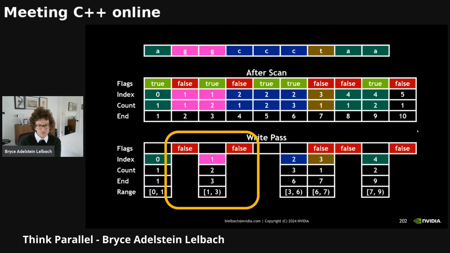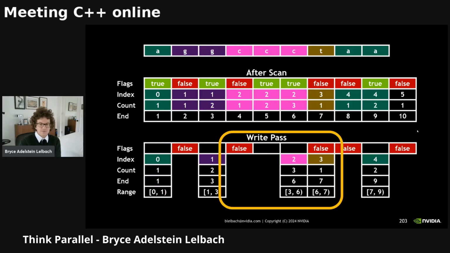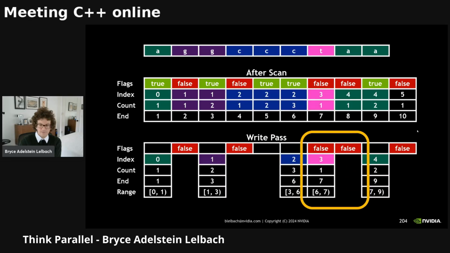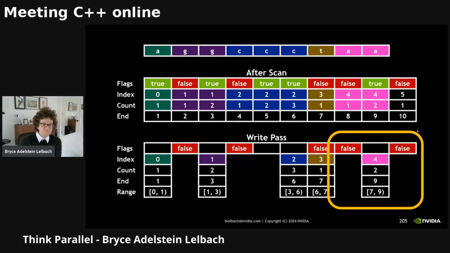The second chunk starts at 1 and ends at 3 with a length of 2. The third chunk starts at 3 and ends at 6 with a length of 3. The fourth chunk starts at 6 and ends at 7 with a length of 1. And the fifth and final chunk starts at 7 and ends at 9 with a length of 2.